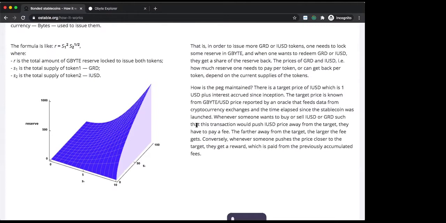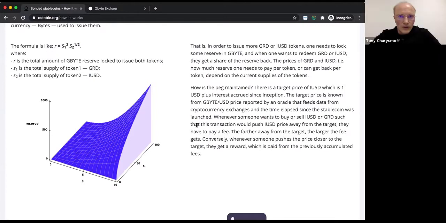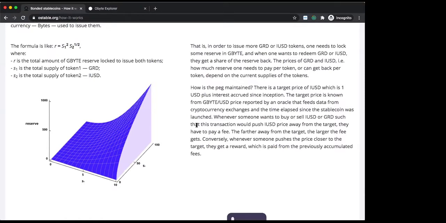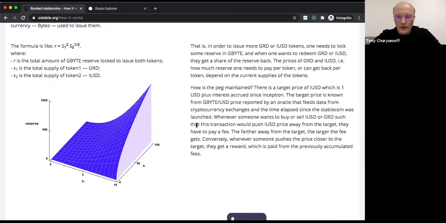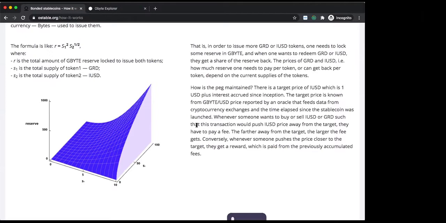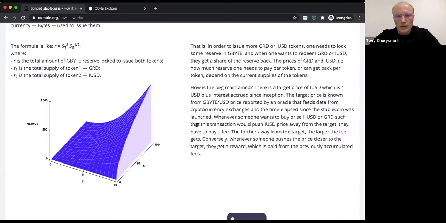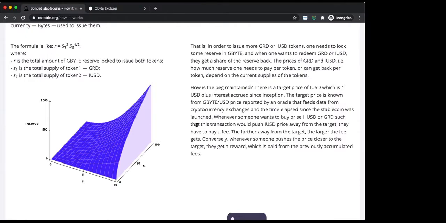For holders of the governance token, if the price goes below the peg and you need to buy the tokens, by buying them you increase the price and you are interested to be the first to buy while it's still cheap.